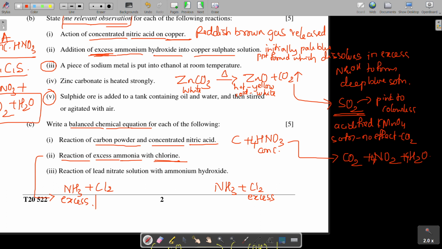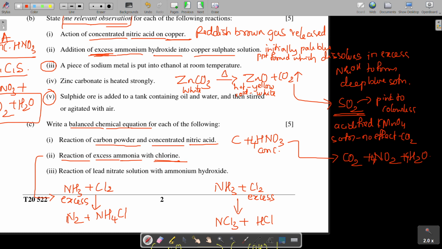When excess ammonia is used, you will get nitrogen plus ammonium chloride. When you use excess chlorine, you will get NCl3, nitrogen trichloride, plus HCl. This is the difference.